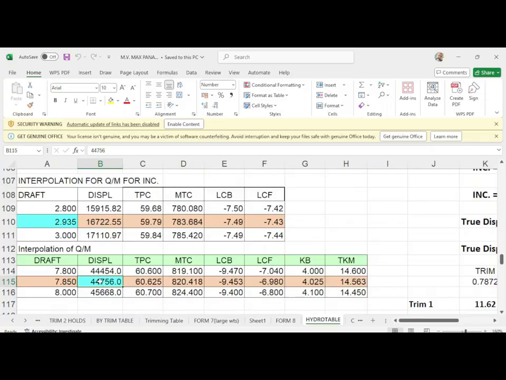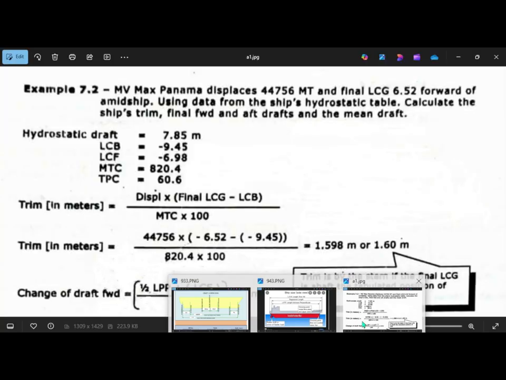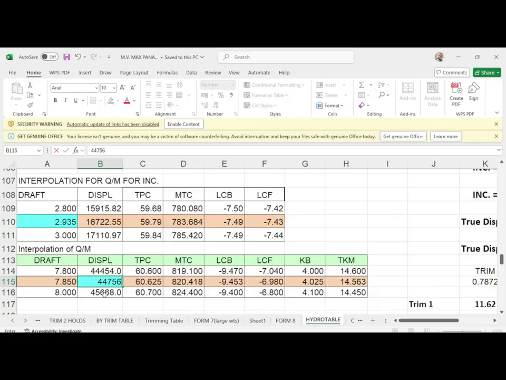So we have 44,756. You put 44,756, then you press enter, and this will be the corresponding draft of 7.85.